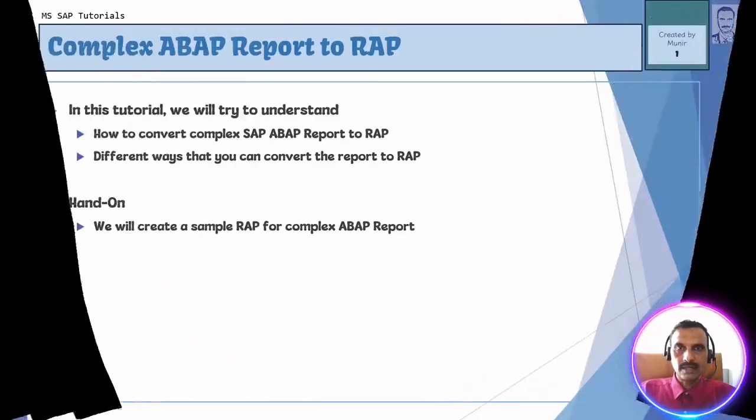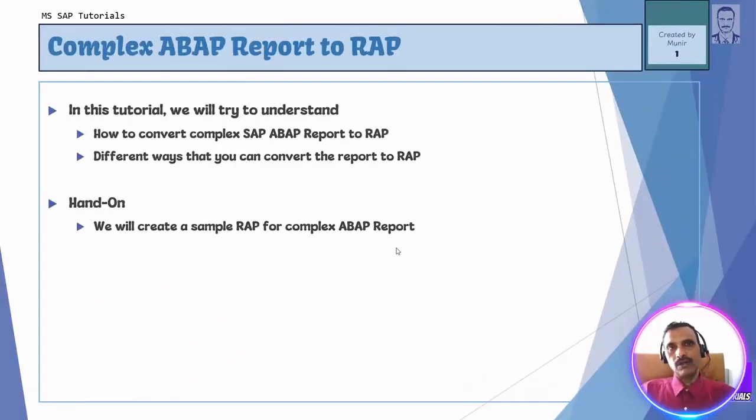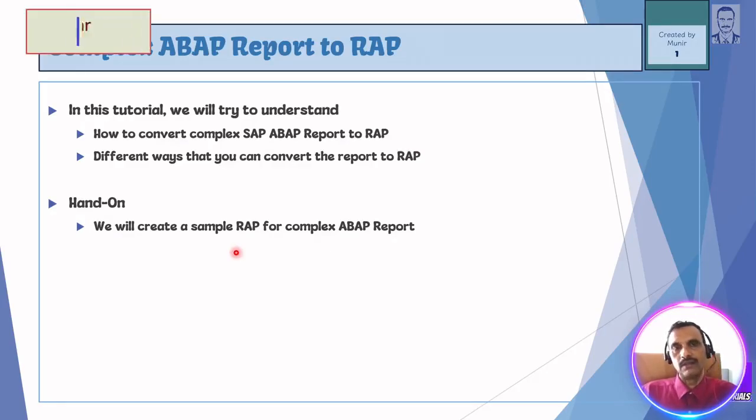So let us understand what we are going to build here. In this episode, we will see how we can convert a complex ABAP report, understand the various ways that we can use to convert, and then we will do a hands-on creating a sample RAP report with a complex kind of scenario.